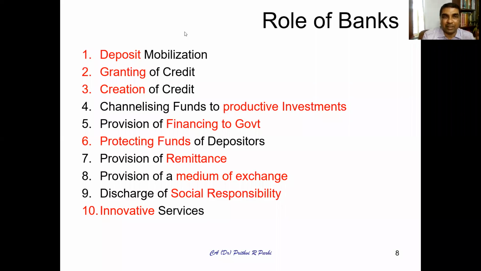And the last role, if you see, is the various innovative functions or innovative services offered by banks. In modern days, bankers have started offering many innovative products and services. You might have heard of some of them. To meet the requirements of modern life, there is an innovative service called reverse mortgage.